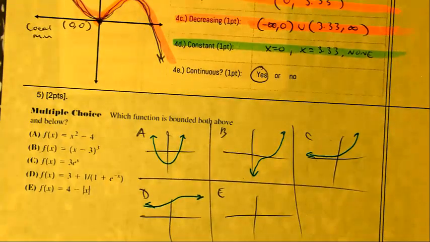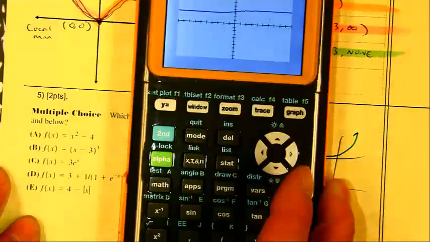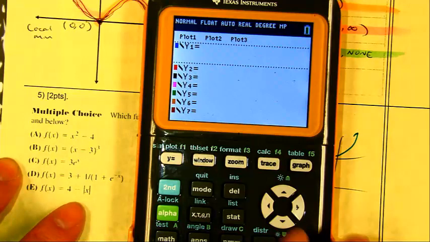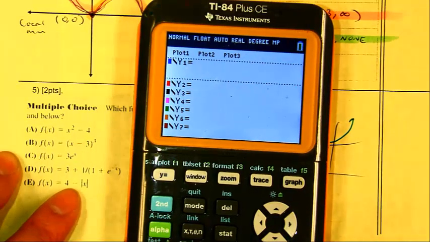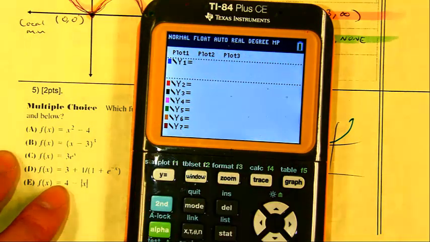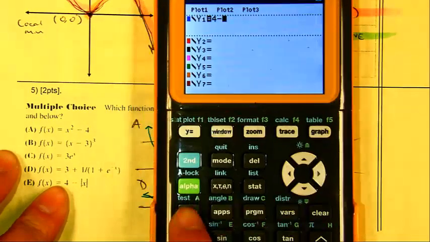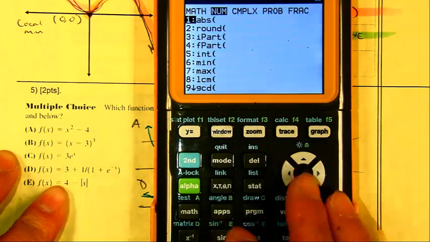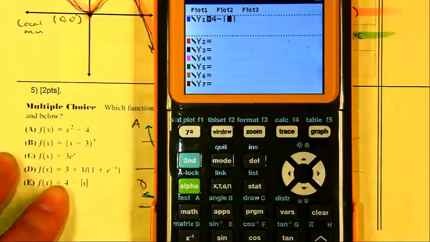And then the last one is the absolute value. Again, you should recognize the parent function, and then just a bunch of things are happening. The a value is negative, so it's going to be flipped, and then plus 4, your constant, is going to be shifted up 4 units. So 4 minus, if you go under math, which is right here next to apps, go over to number, and then the abs is your absolute value function.